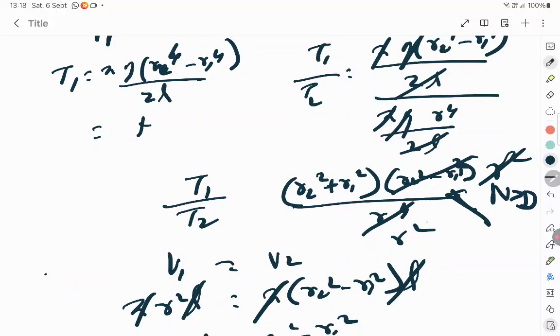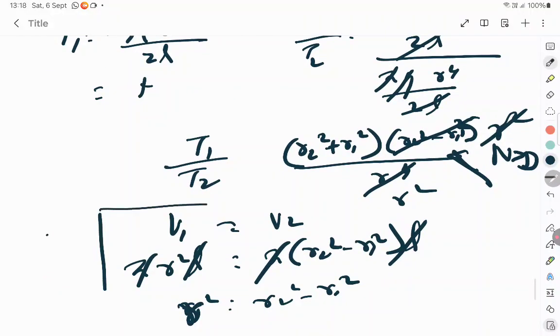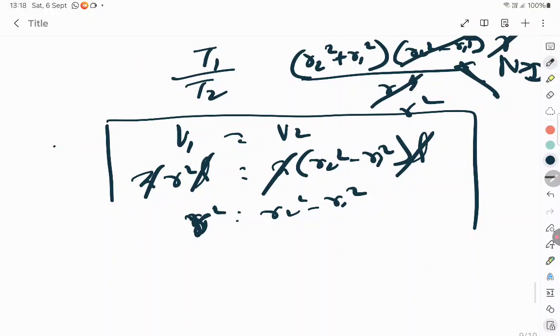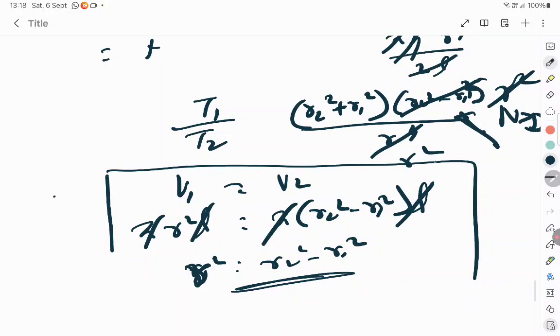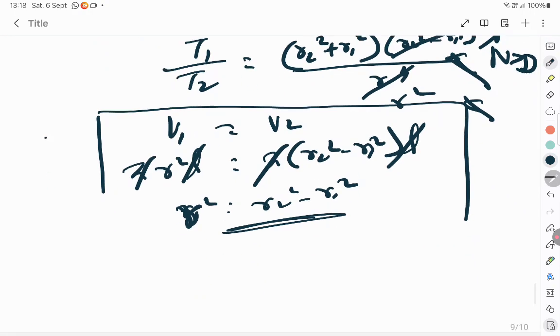And actually before cancelling you should write volume, it's of the same material. Both the shafts should be made of same material, same volume. So equate the volume, you can replace R1 square minus R2 square as R square and get cancelled, and the numerator is greater than the denominator because R1 square plus R2 square is greater than R square, and that shows that the hollow shaft will require more torque than the solid shaft.